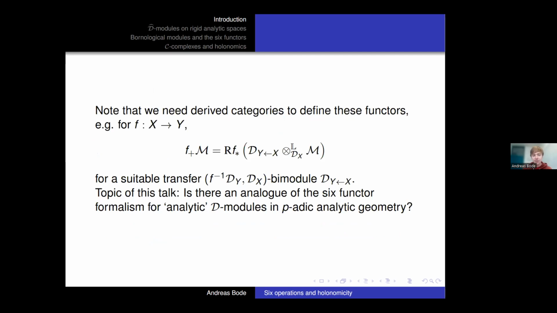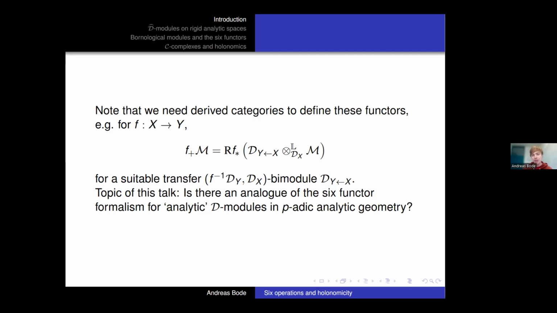So one thing I should stress here, however, is that it is really necessary to do all of this in a suitable derived category of D modules. The functors that I wrote down here are not just the derived functor of something. They are more complicated compositions of such things. So for example, if I have some morphism from X to Y between smooth algebraic varieties, I can't just take as my direct image functor the sheaf theoretic direct image.